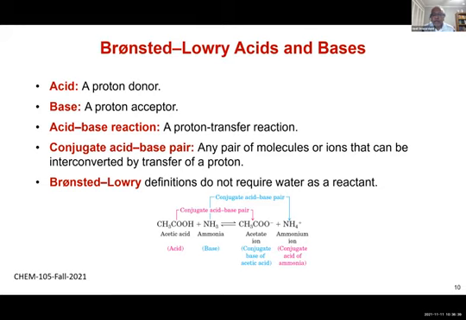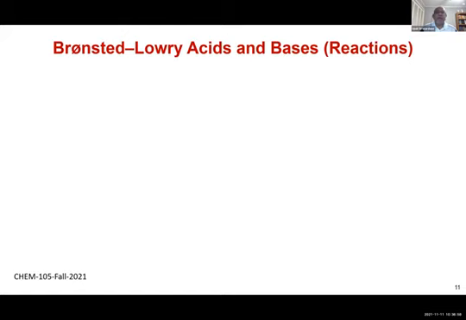Ammonia and NH4 plus. Therefore, you can answer so many questions with this idea about the Bronsted-Lowry definition of acid-base equilibrium. So now we're going to look more into the Bronsted-Lowry acid-base reaction.